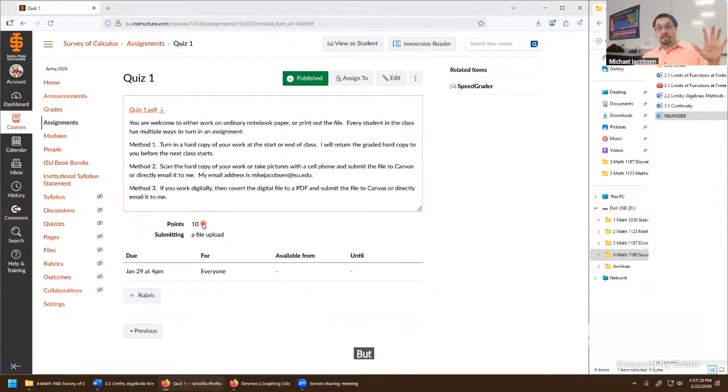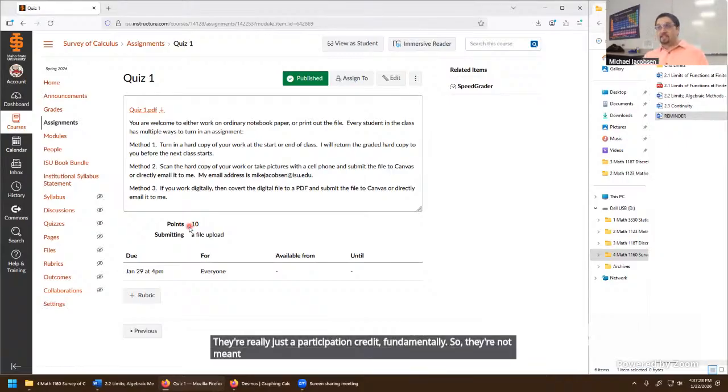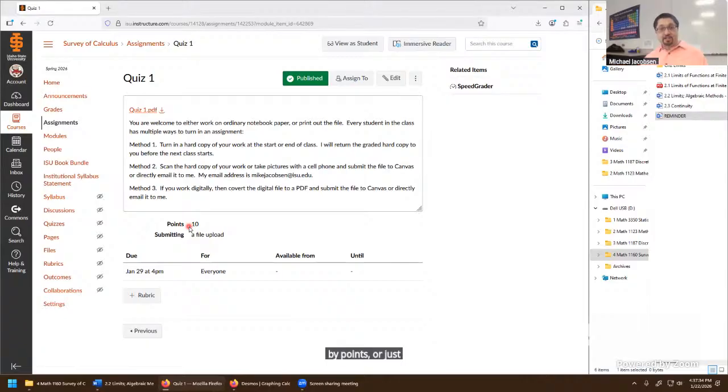But I give you 5 points by default just for turning in the quiz. So the other purpose of the quizzes is that they're really just a participation credit fundamentally. They're not meant to be really high stakes. It's just you practicing problems that are possibly brand new to you. 5 points are just for participating, sending in your quiz. The other 5 points are for correctness.